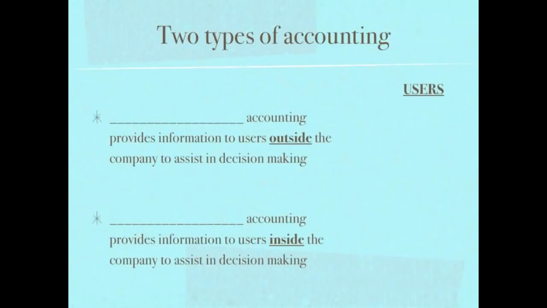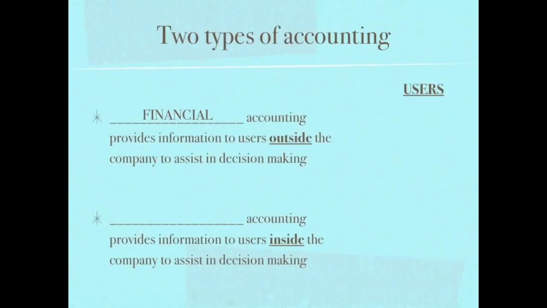There are 2 types of accounting. The first type is financial accounting. In this area of accounting, we produce those financial statements or those reports that provide information to users outside of the company to assist them in decision making.